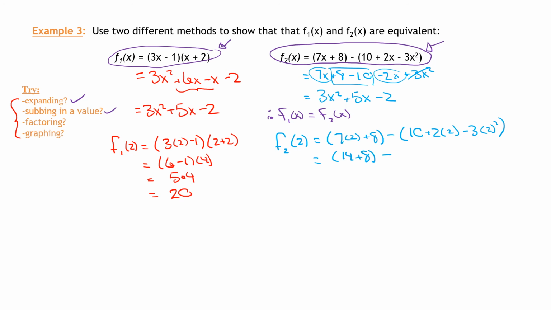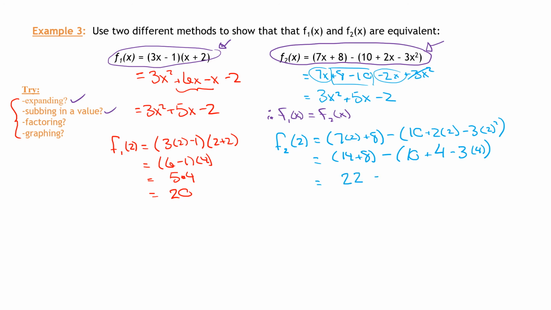We're following the order of operations, of course, very important. Order of operations inside this bracket: I do not do 10 plus 2 first and get a 12. I'm going to do 10 plus 4 there. And I do not do 3 times 2 first and then square it. I have to do the 2 squared first. That's minus 3 times 4. So in our first bracket, we've got a 22, so I can drop the brackets.